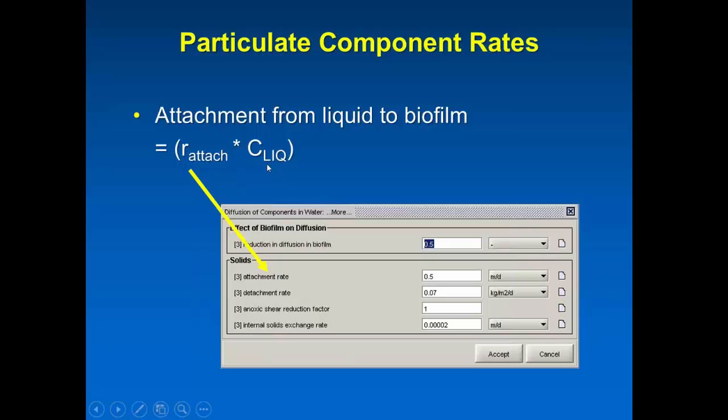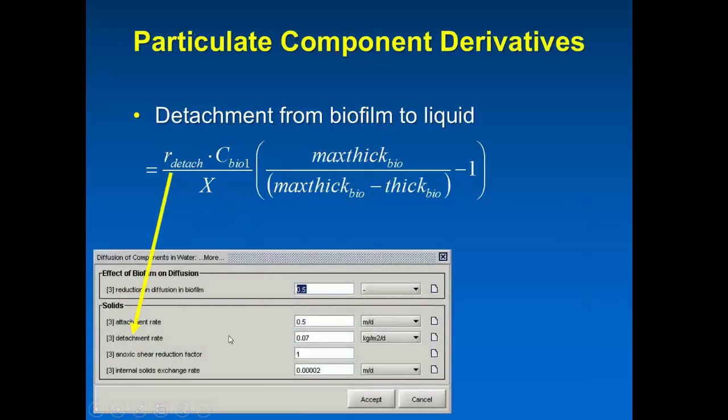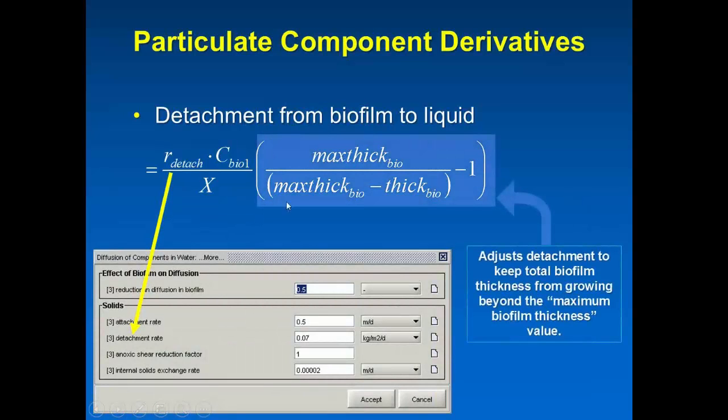These are first order rates here. The amount of attachment is basically proportional to the amount that's out there in the liquid. And the detachment works the same way, except that we have this big term on the end that looks at the maximum biofilm thickness and the current thickness.